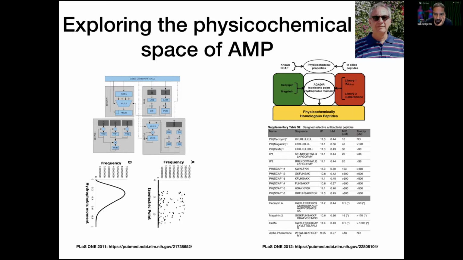And for that, we chose two of the most selective antimicrobial peptides reported back then, which were cecropin and magainin. By selective, what I mean is that these are active against bacteria, but they display very low toxicity against mammalian cells.